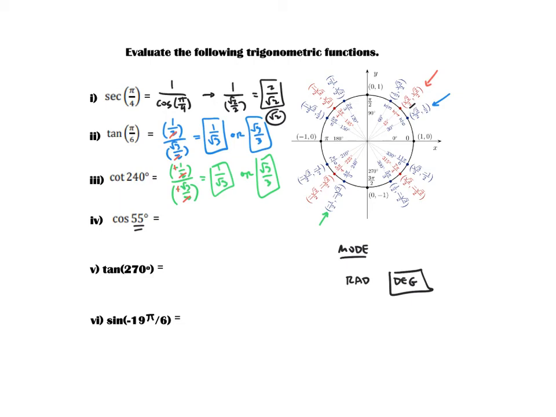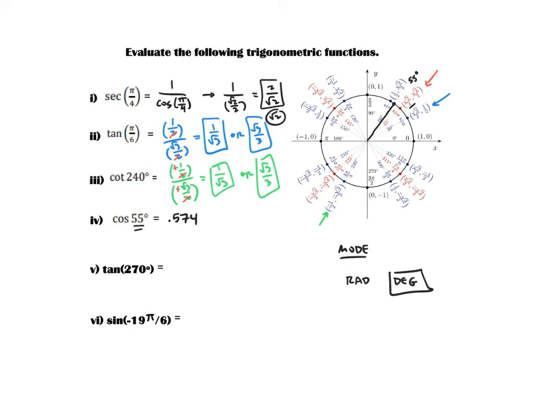Okay, go back to your home screen by pressing second mode. That'll quit you back to your home screen. And press cosine and type in a 55. Close the parentheses, press enter. All right, so cosine of 55 to 3 decimal places is 0.574. Now, what does that mean in the context of this? Okay, so if I went out 55 degrees, this is my best attempt at 55 degrees.